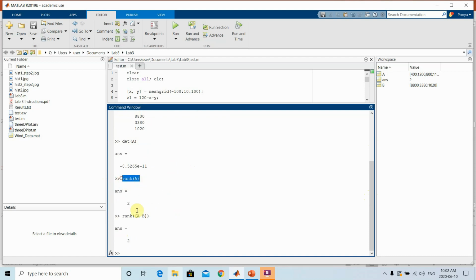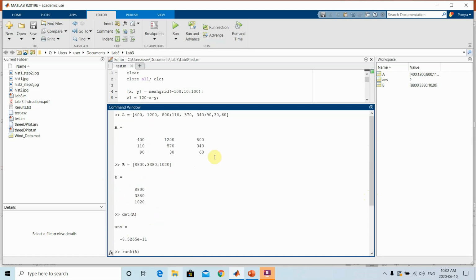But the rank of A is equal to the rank of AB, so we can make the vector of right hand side from the vectors inside A, and that shows that we would have an infinite number of solutions. So this is how you can determine how many solutions a matrix equation has.